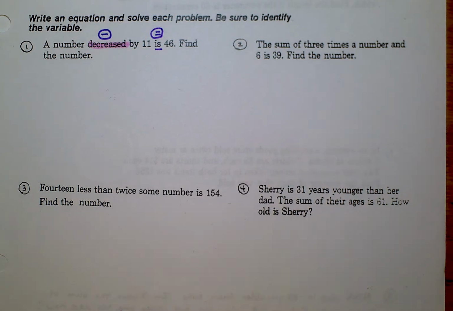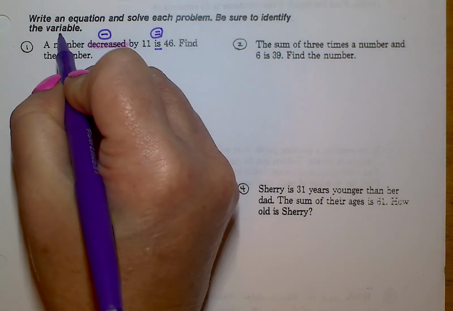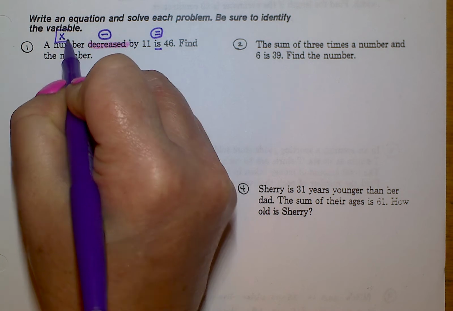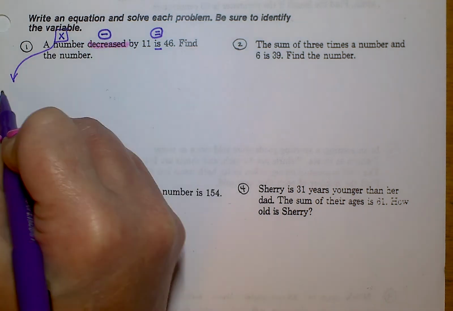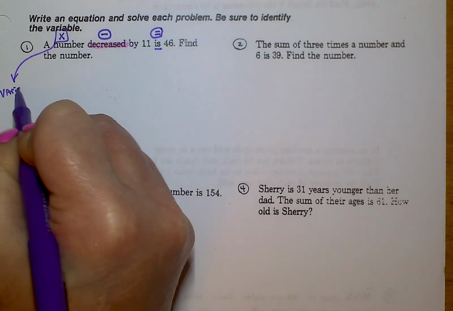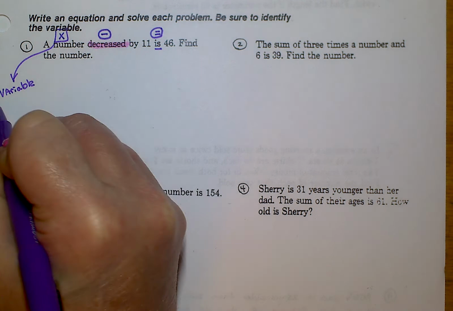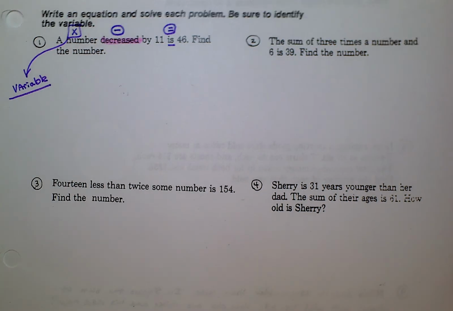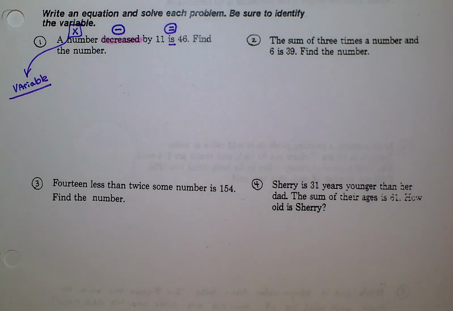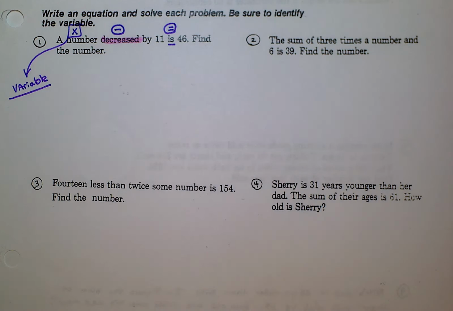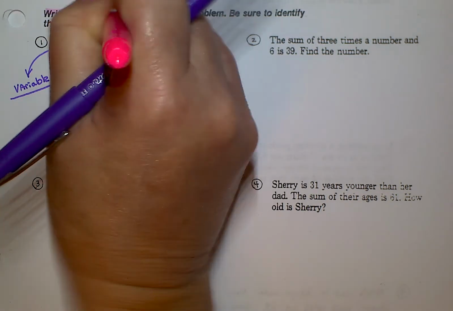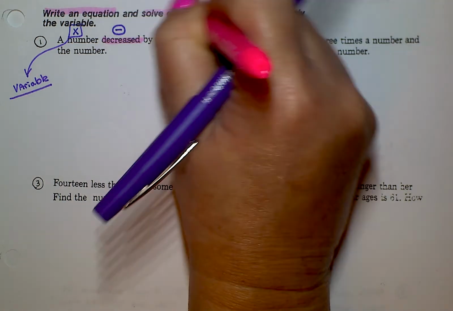Okay, now we don't know what the number is, so anytime you don't know the answer to something, you let a variable represent that. Now, some people have a specific variable they like to use. I like to use the letter X. So we're going to have to write an equation, and then you're going to solve.